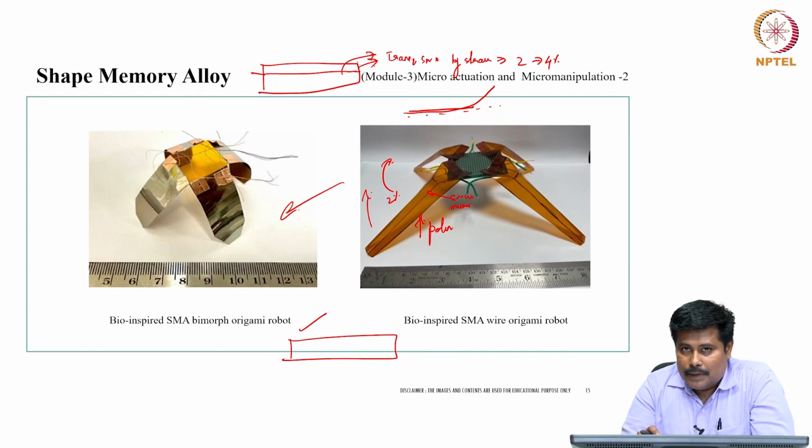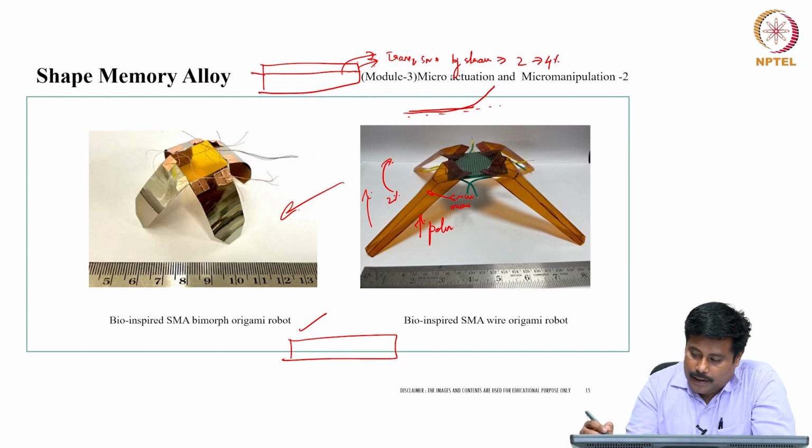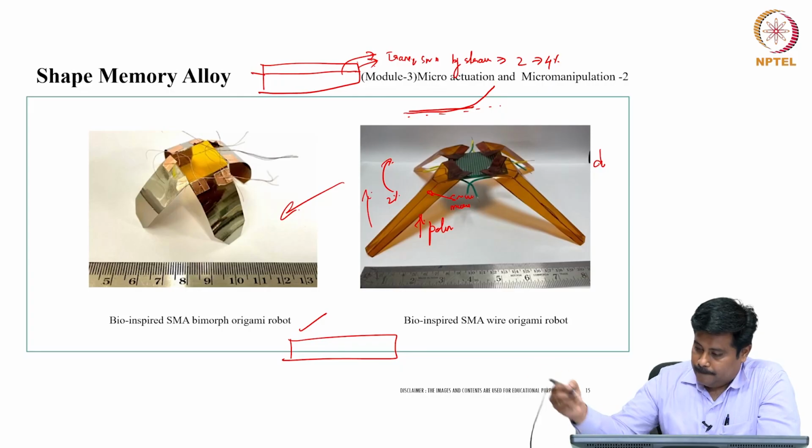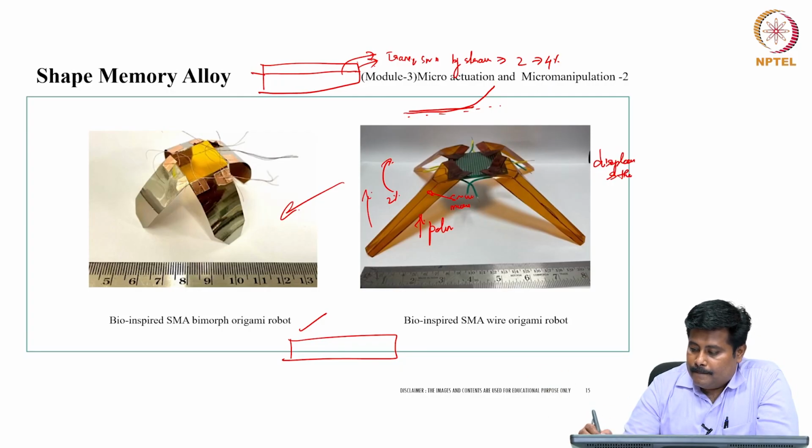Ideally, your displacement and the frequencies are correlated to the straining of the SMA wire.